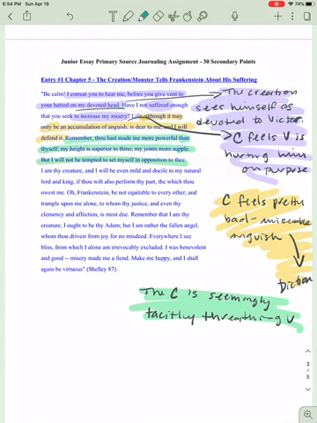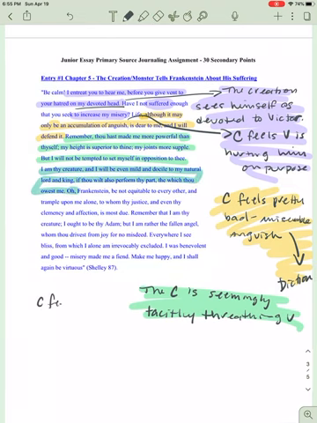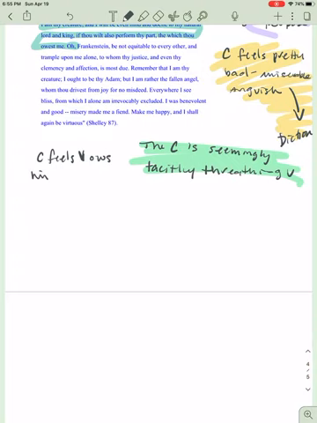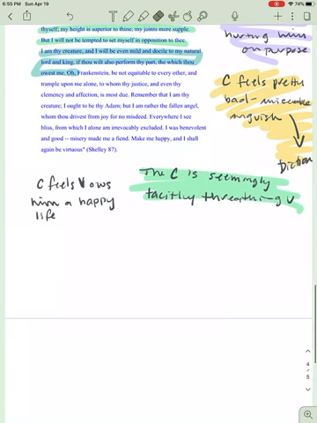I am thy creature, and I will even be mild and docile to my natural lord and king, if thou wilt perform thy part, which thou owest me. Interesting. Okay, the creation feels Victor owes him a happy life, right? You made me.